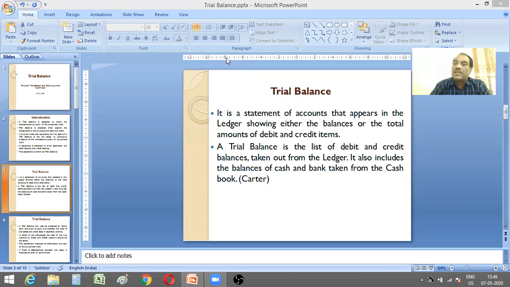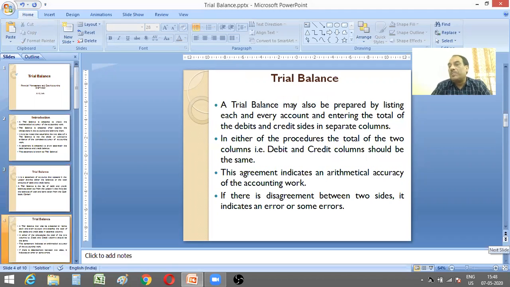A trial balance is the list of debit and credit balances taken out from the ledger. It also includes the balances of cash and bank taken from the cash book. A trial balance may also be prepared by listing each and every account and entering the total of the debit and credit sides in separate columns.